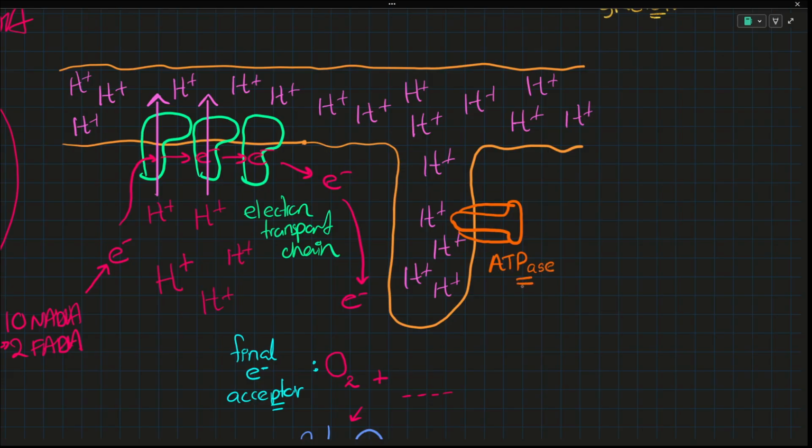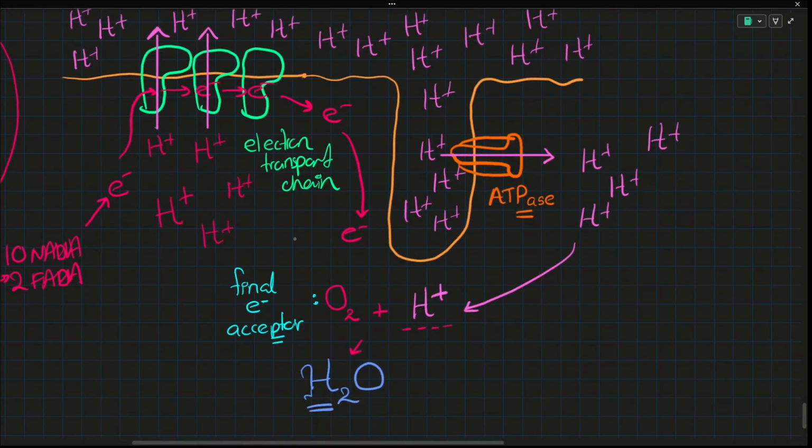This is the enzyme that actually produces the ATP. So tons and tons of protons inside can only exit through this ATPase enzyme. So now we are getting H pluses back in the matrix, and it's these H pluses that go and combine with the oxygen and the electrons to produce water.